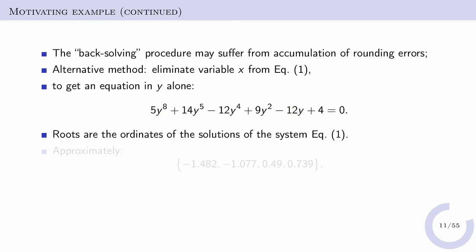And then the roots of this univariate polynomial will again be the projections of the solution of our original system, but this time on the vertical axis. So these will be the ordinates of the solutions. In our case, the real roots of this degree 8 polynomial are these 4 points.